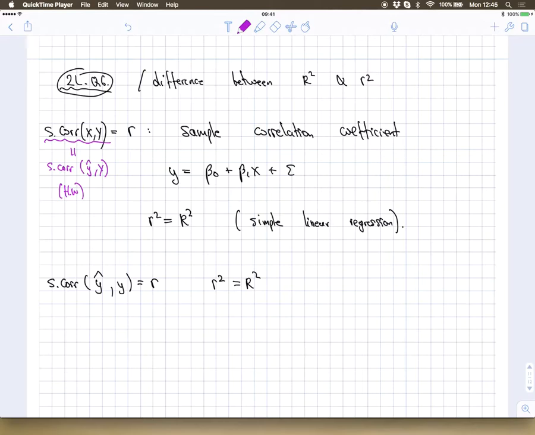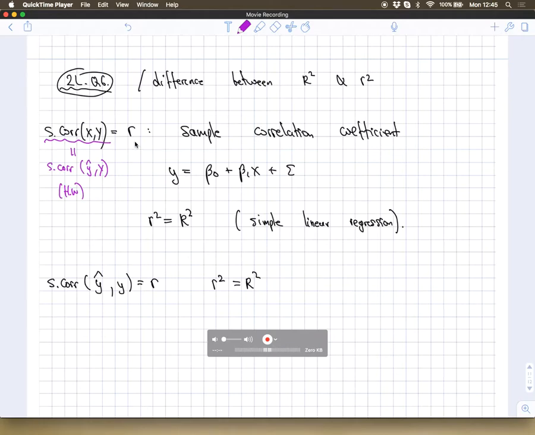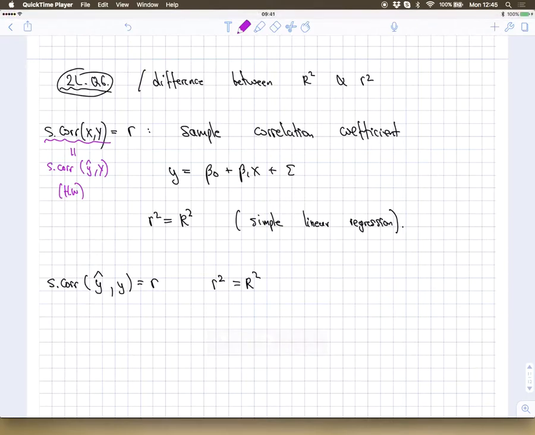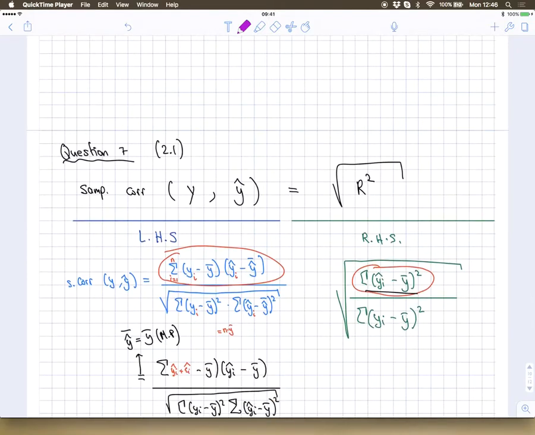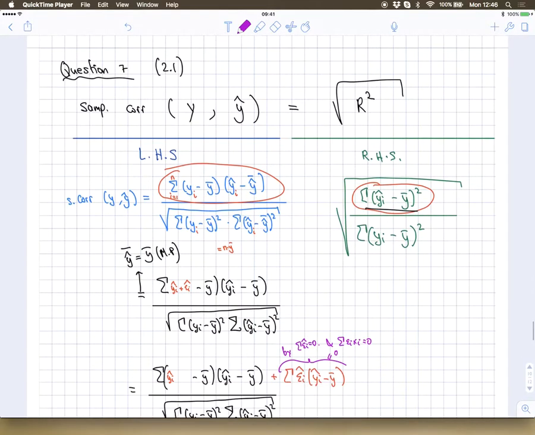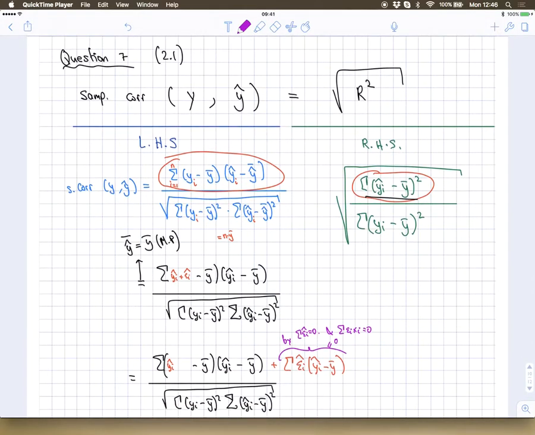So let's summarize. Sample correlation, or the little r, in the simple linear regression model is exactly the same as the R square. The moment you move away from a simple linear regression model where you have more than one explanatory variable or non-constant explanatory variable, that stops being true. And the problem that we just did, problem 7 of 2.1 that we did in this previous lecture, really showed that, right?